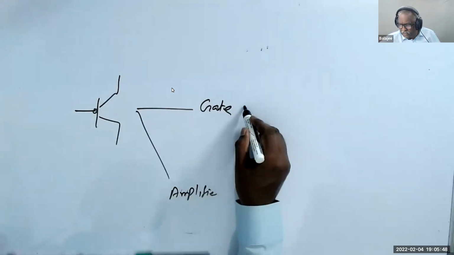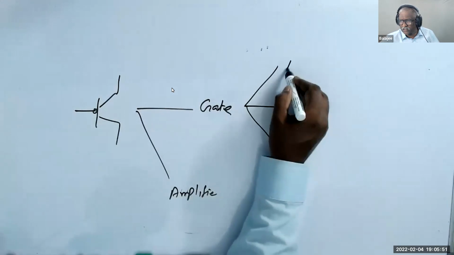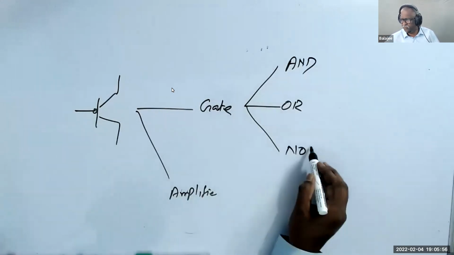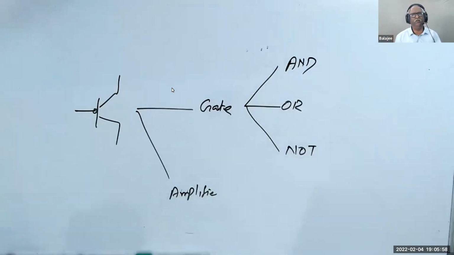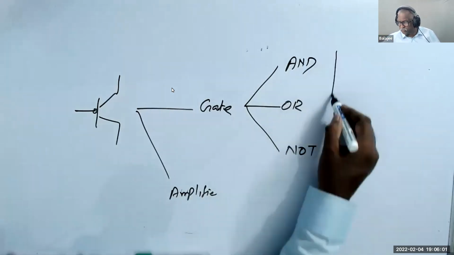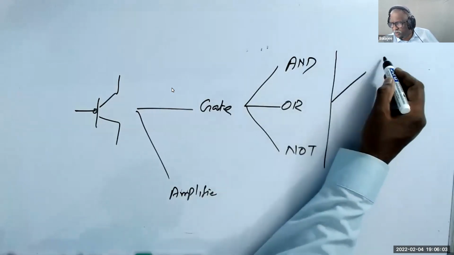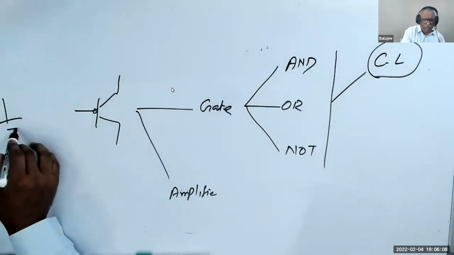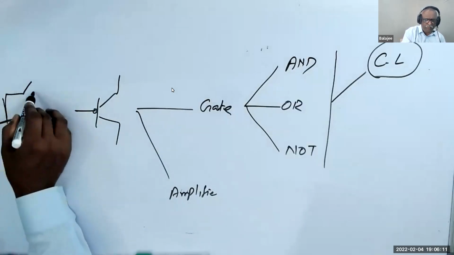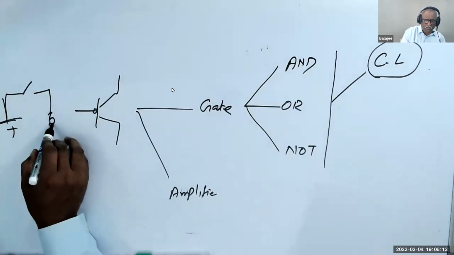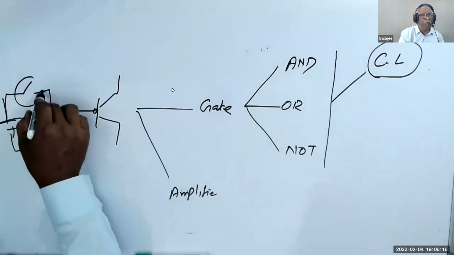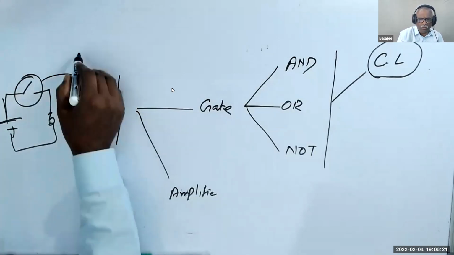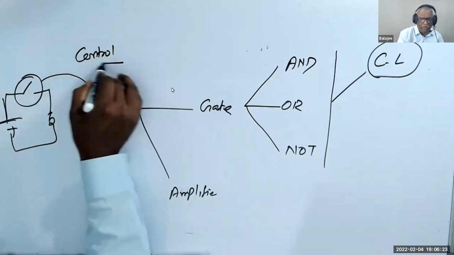Now, the application of the gate is the AND function, OR function, and NOT function that we discussed yesterday. Am I right? Using this, I can do a lot of things, but one of them is combinational logic. Please understand how we do that. We have a small electrical switch, and we take only one portion. We have gone to electronics, that is automatic control.